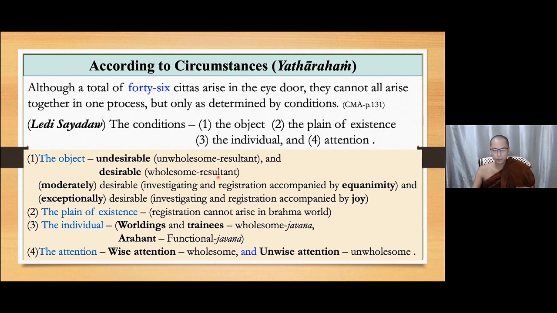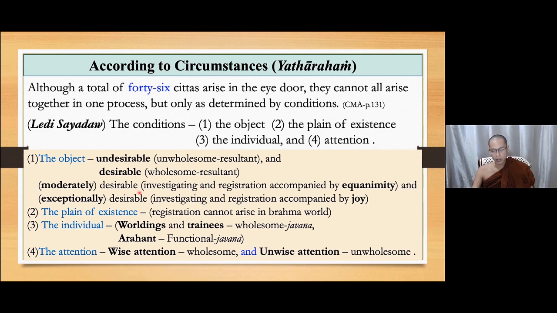Because due to the result of the wholesome, we can encounter the desirable object, and due to the unwholesome karma, we can encounter the undesirable object. That is why we can classify in that way.